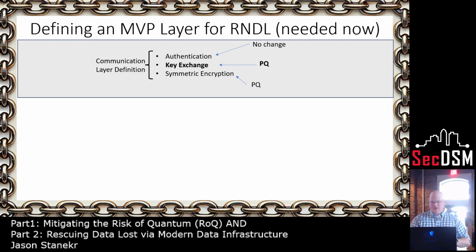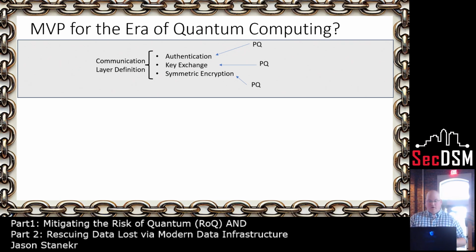More generally, for record now, decrypt later, what will we need when an era of quantum computing becomes a reality? Right now we can get by with post-quantum safe key exchange and symmetric encryption, and we don't need to change authentication at the moment. But if we were to go into the era of quantum computing, we need to change them all.